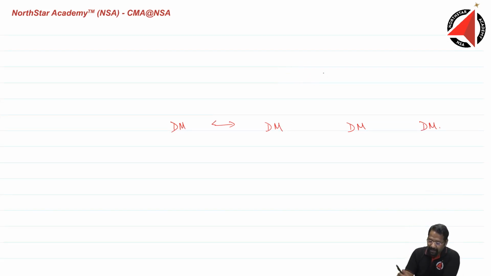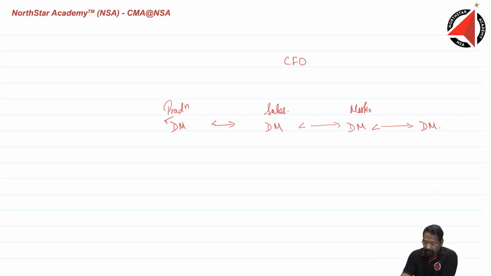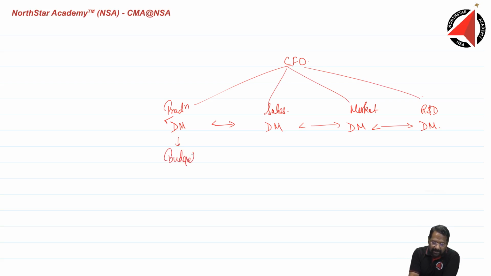So what the company does is, the company's boss, the CEO or the CFO, asks each department manager, for example the production manager, the sales manager, and so many other divisions in the company, the marketing manager, the R&D manager. He talks to each department, and sends an email to each department manager asking them to prepare a budget for their department.